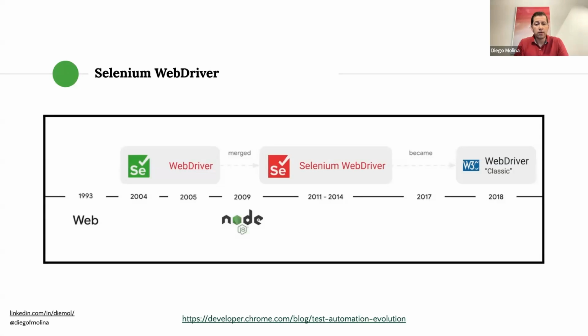Years ago, in 2004, Selenium was created. So today, in 2024, it's the 20th anniversary of Selenium. Jason Huggins, one of the co-founders at Sauce Labs, thought it was a good idea to have a tool to automate web applications.